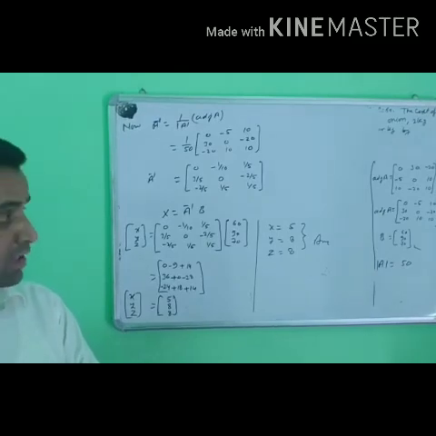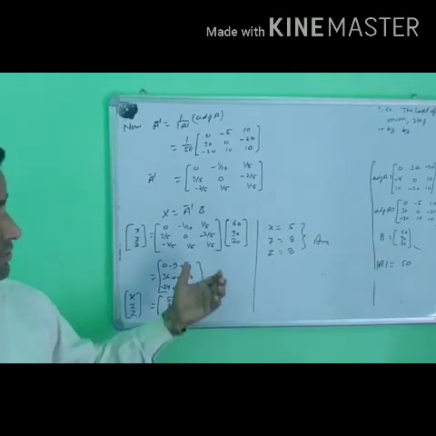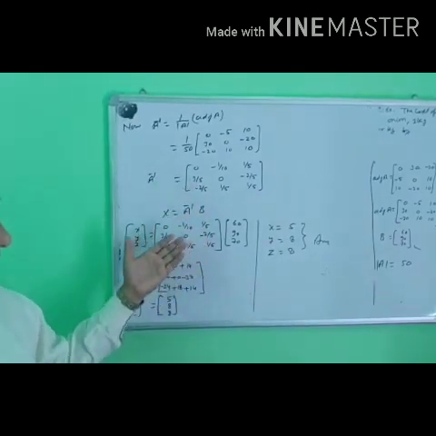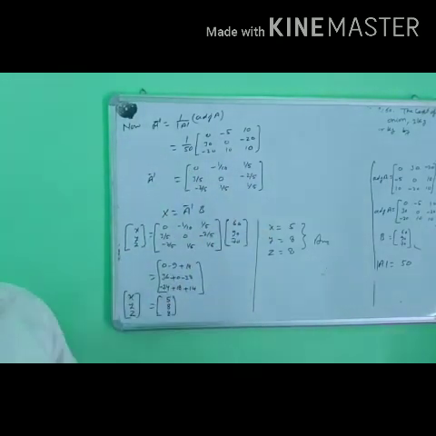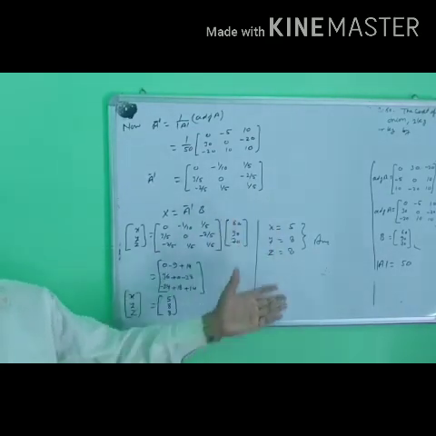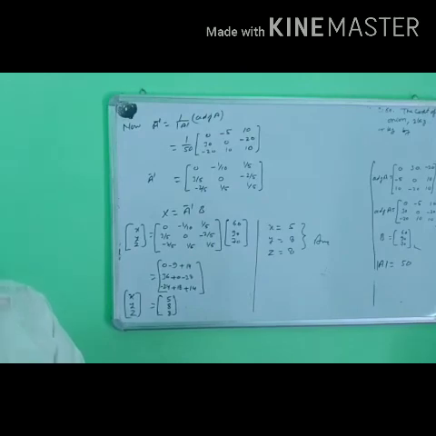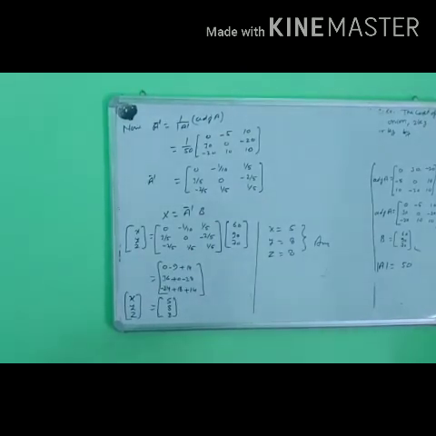If singular, there is no need to solve further, but if non-singular, find the cofactors, then the adjoint, then the inverse, then put in the values and find x, y, z. This is the adjoint method, the matrix method. Don't use the algebraic method. Note this down and then next question.